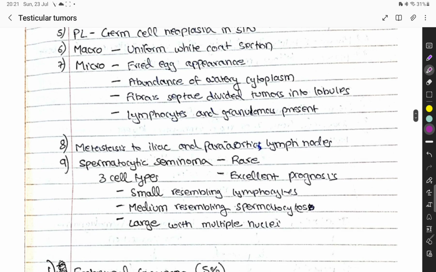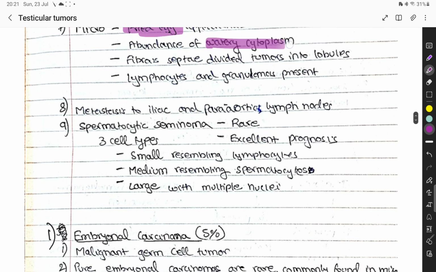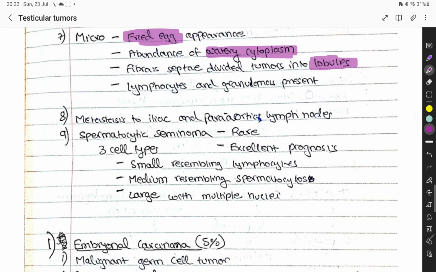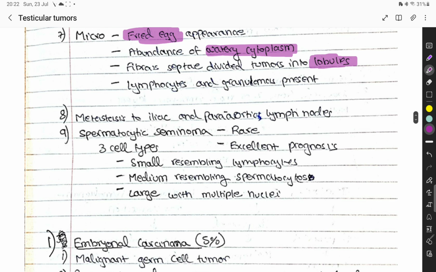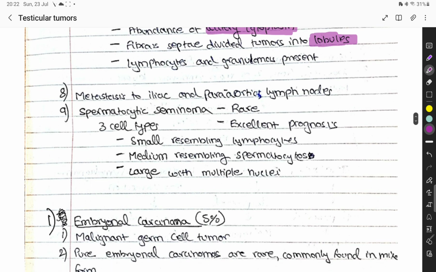Macroscopically it will be a uniform white cut section. Microscopically it will look like a fried egg appearance, with abundant watery cytoplasm. Fibrous septa divide the tumor into lobules. And you will also find lymphocytes and granulomatous cells present in them.